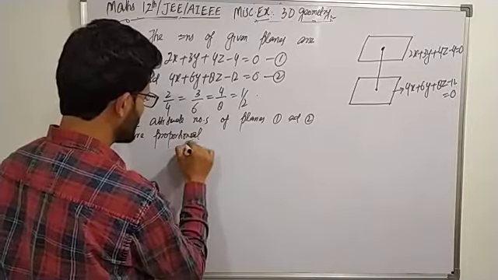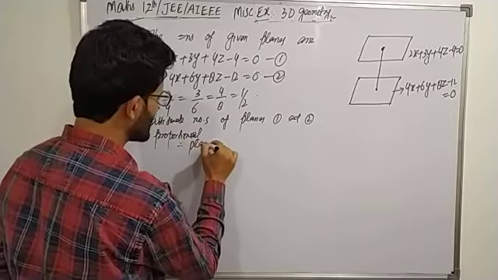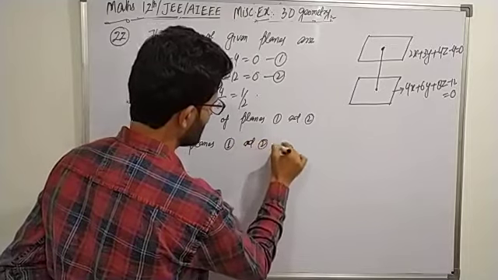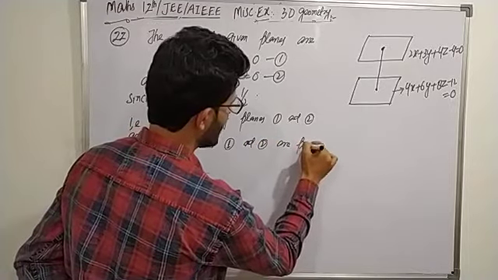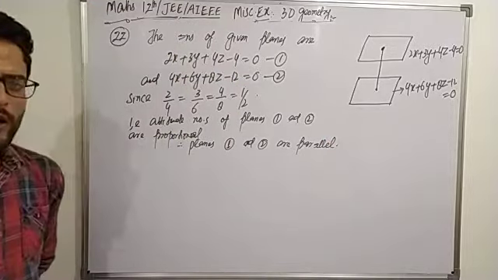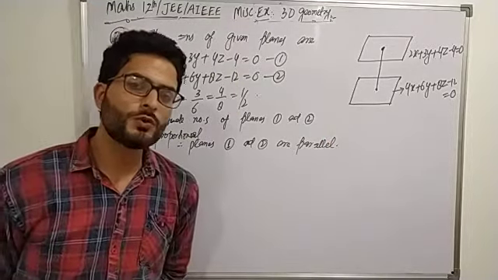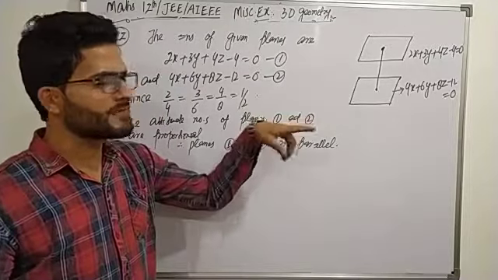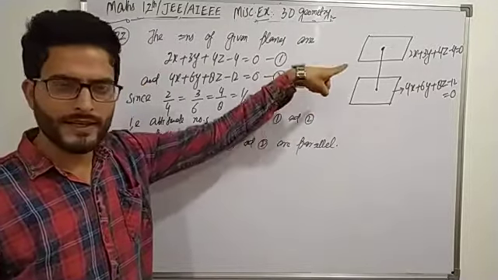Therefore, planes first and second are parallel. इसलिए planes first और second होंगे parallel. And we need to calculate the distance between these two planes. To calculate the distance between two planes, we choose a point on plane first.